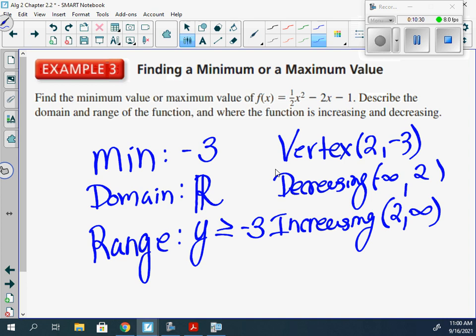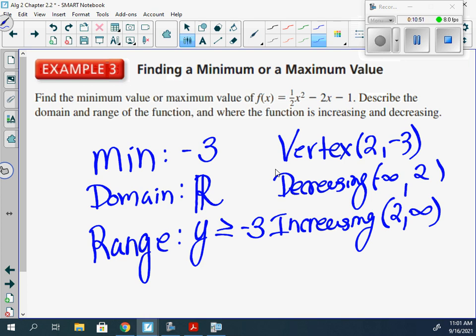I want to write it in this way because if you end up having to take a math class in college and they ask about decreasing and increasing, they're not going to say, most likely, oh, it's decreasing to the left of this point and increasing to the right of this point. No, they're going to want it in interval notation.